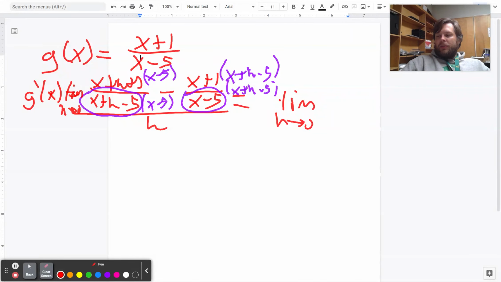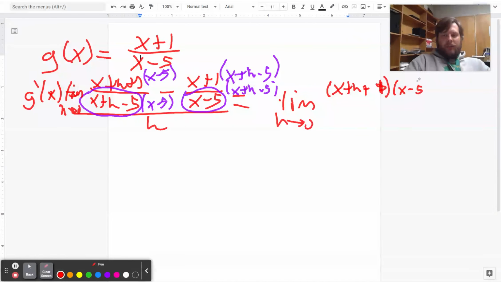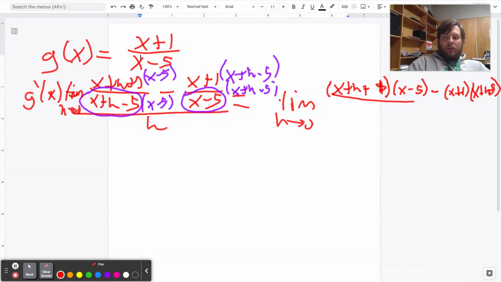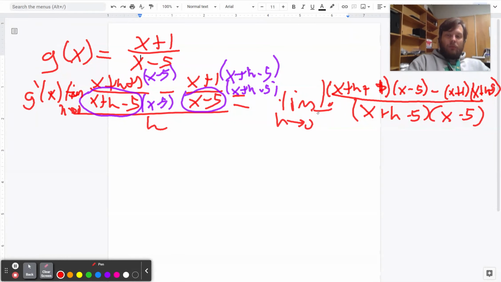Limit as h approaches 0, and then I have (x plus h plus 1) times (x minus 5) minus (x plus 1) times (x plus h minus 5), all over (x plus h minus 5) times (x minus 5), all times 1 over h.